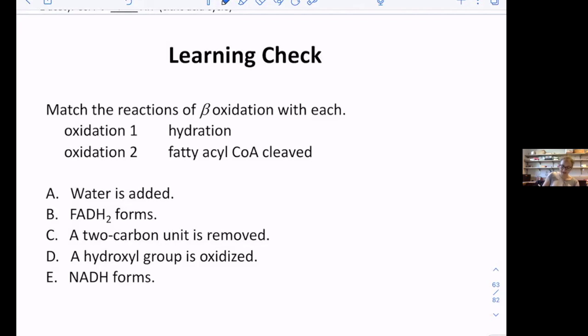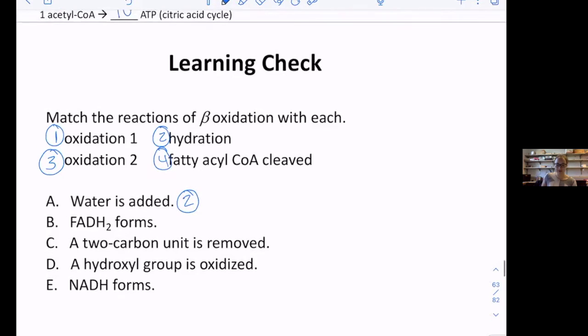Water is added during our hydration reaction. Let's go ahead and number these. This is reaction 1, this is reaction 2, 3, and 4. So water is added during reaction number 2, our hydration.